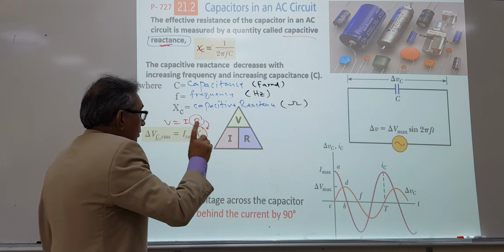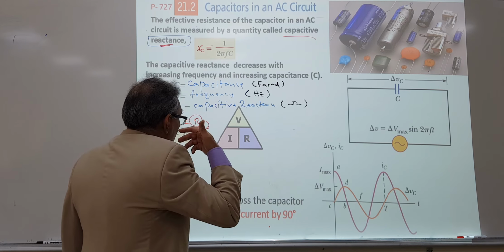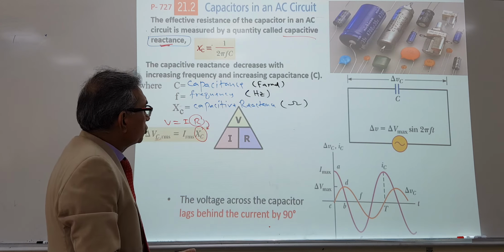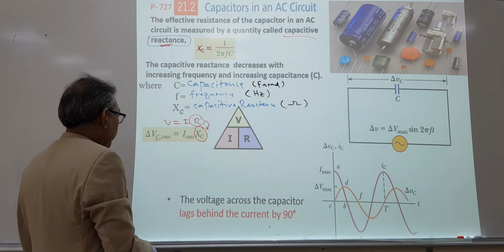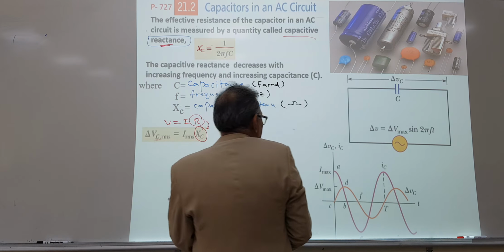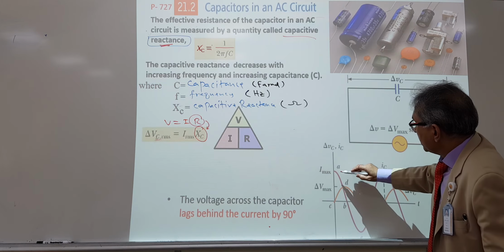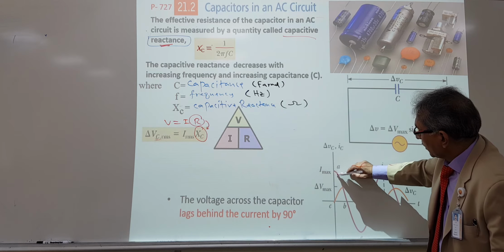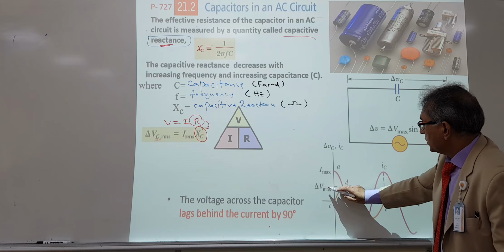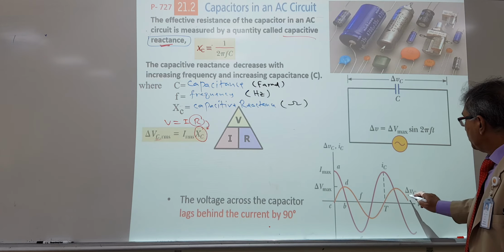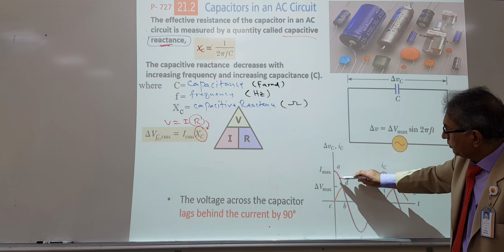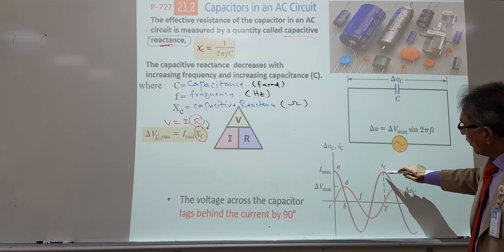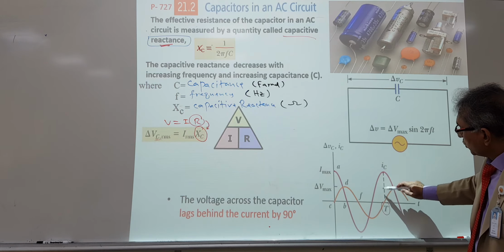Now, phasing. Are these two, voltage and current, in phase or not? In a resistor they were in phase, right? Now if you look here, this is the current waveform, this is the voltage waveform. It starts from here and completes one cycle, one time period, over here.